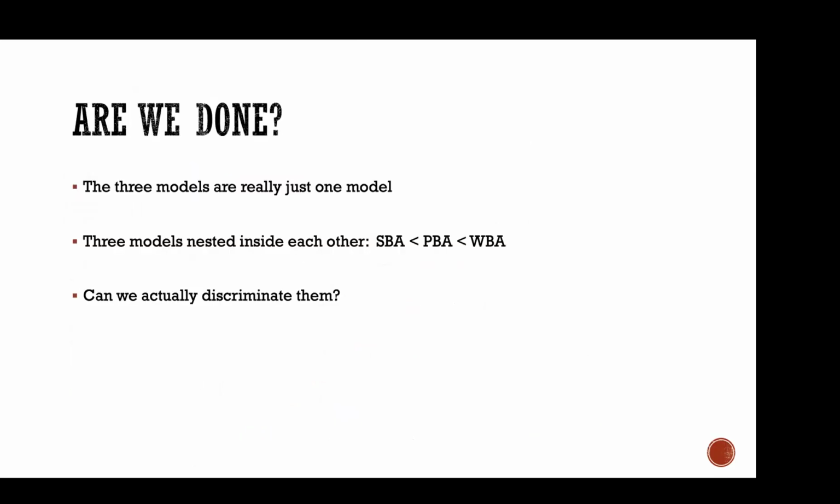So can we discriminate them? Could we have data sets and use our model comparison skills to see whether we can actually reconstruct which of these three models has generated the data? Normally we could say, well, the WBA should give us the right parameter value no matter what, so it might not make a lot of sense, but we've seen that the kappa is not very good.